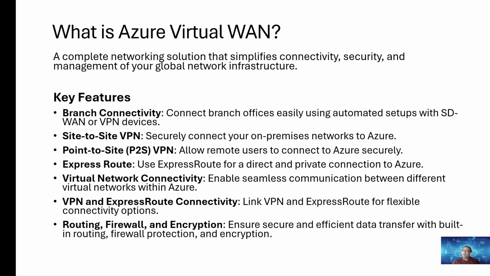Also, you can have VPN and ExpressRoute interconnectivity. It allows you to combine both VPN gateway and ExpressRoute circuits to provide a flexible hybrid connectivity solution between your on-premise network and Azure. When I say hybrid connectivity, VPN and ExpressRoute, you can use them as redundant hybrid connectivity.